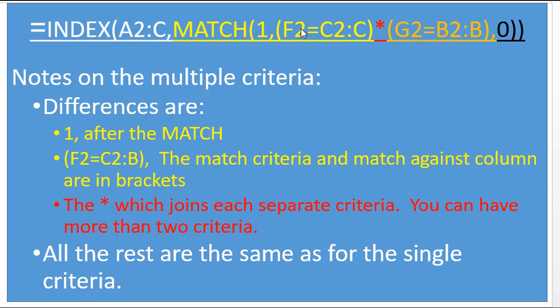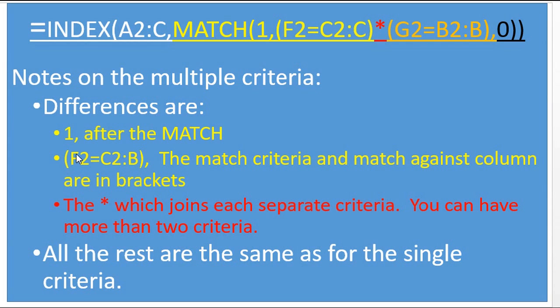C and not a B, because it must be a column there, joined then by a star sign, and the star sign joins every separate criteria. So in other words, in this case we have two criteria. You can have a star plus another criteria, star plus.